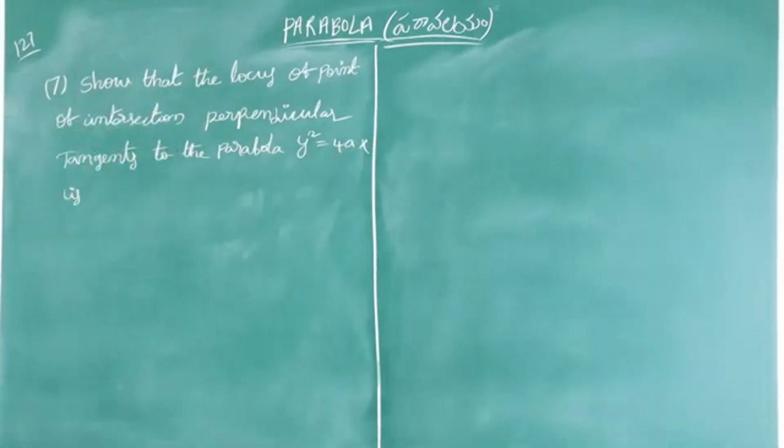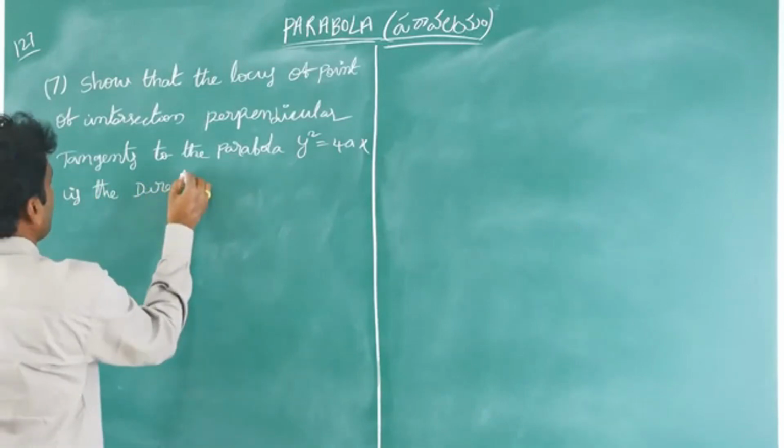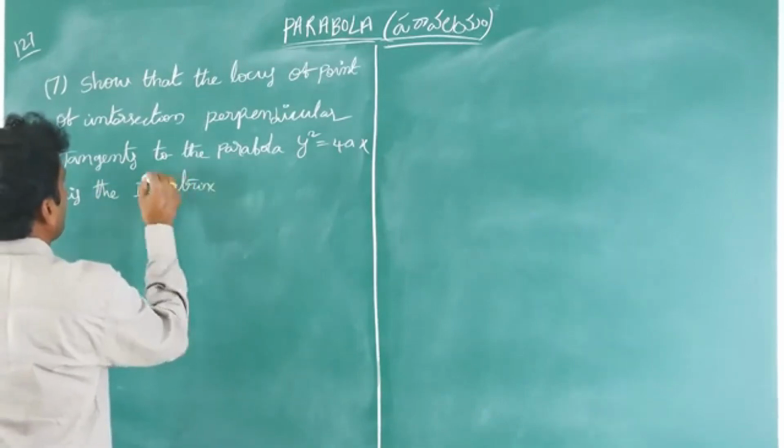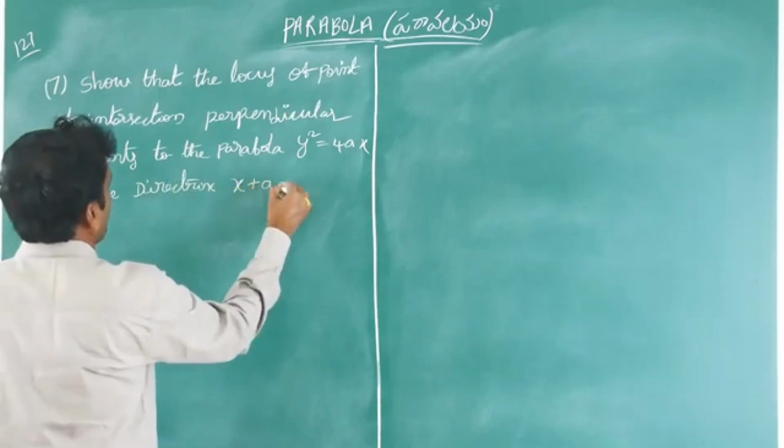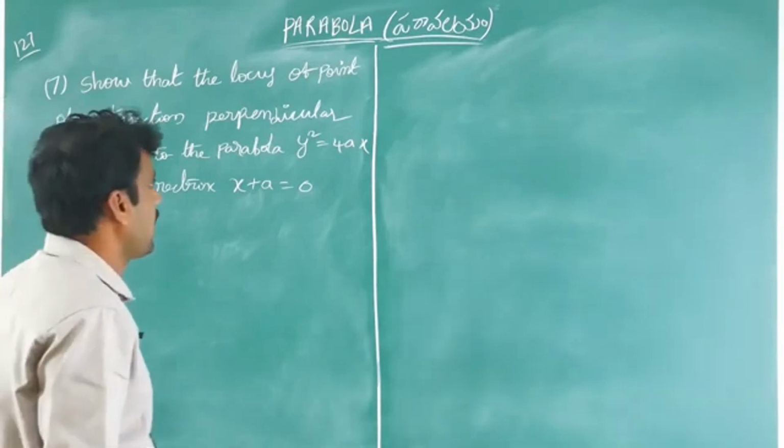the directrix x + a = 0. The point of intersection of perpendicular tangents is the directrix x + a = 0.